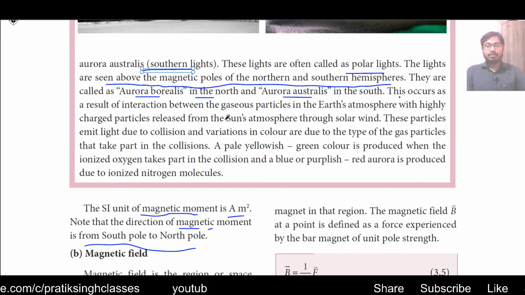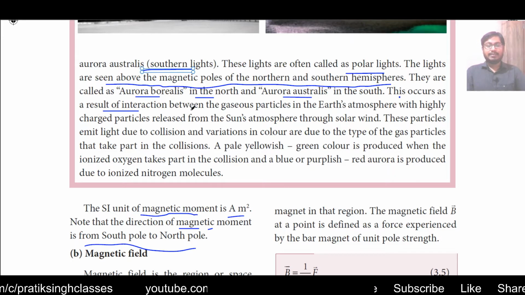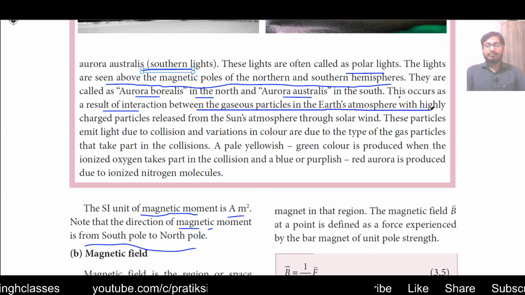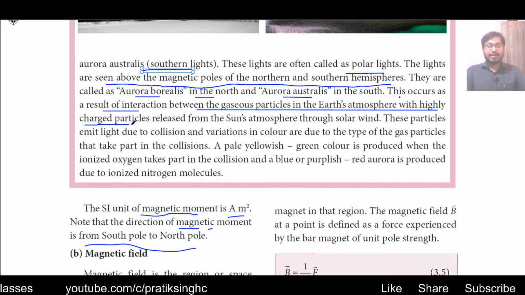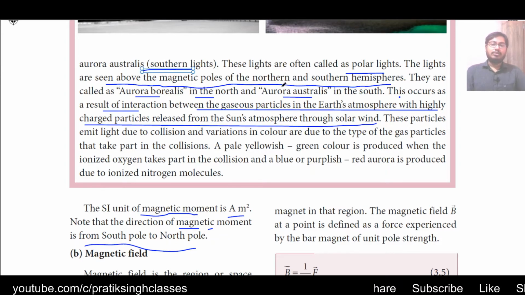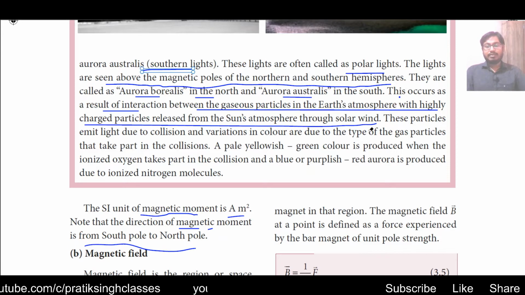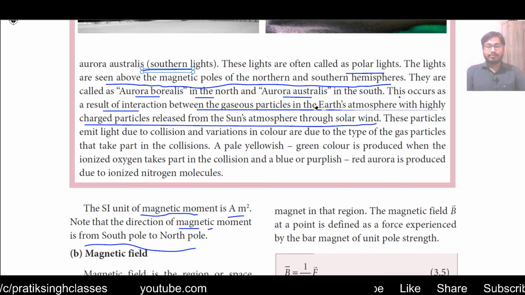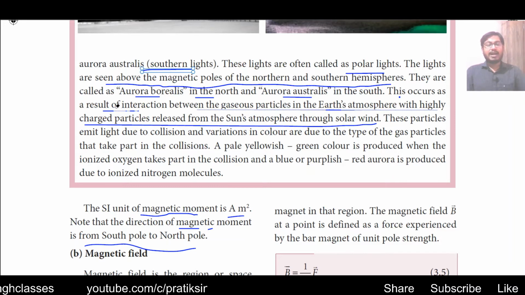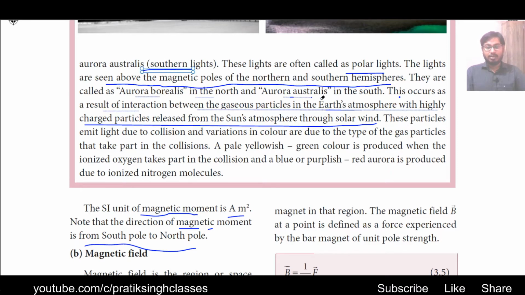This occurs as a result of interaction between the gaseous particles in the Earth's atmosphere and highly charged particles released from the sun's atmosphere through solar winds. We know that up to Mars we come under the inner region of the solar system, because up to Mars the very high energetic currents from the sun always come.